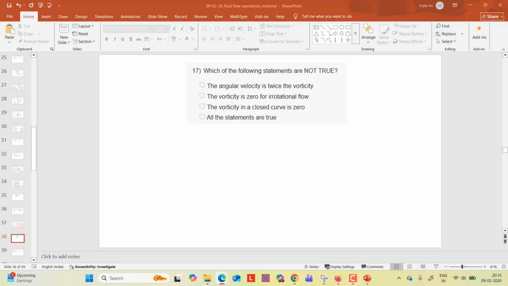The opposite one is this: the vorticity omega is twice the angular velocity. That is true. The vorticity is 0 for irrotational flow. This is true. The vorticity in a closed curve is 0. It is also true. So the first one is the correct answer here.